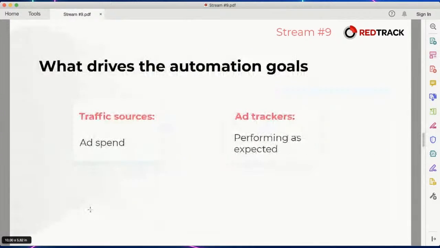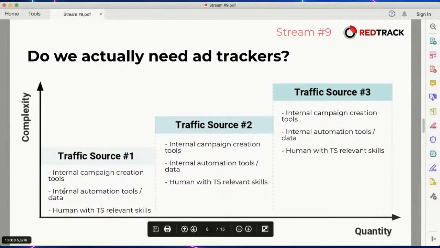Even more so, a lot of tools, Google, Facebook, have amazing automation tools that help you get more results. But should you trust those tools only?